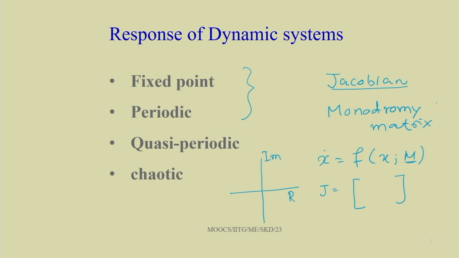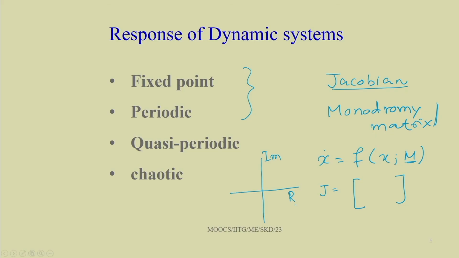Similarly, we can find the monodromy matrix. To find the monodromy matrix, starting from some initial point, we have to find the response after one cycle. After getting this response after one cycle, we can construct the monodromy matrix, and by finding the eigenvalues of the monodromy matrix, we can find the stability of the system.